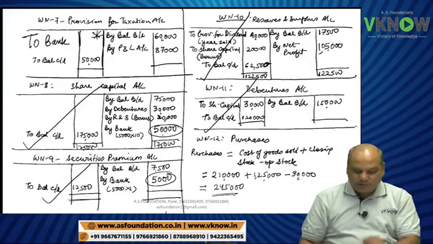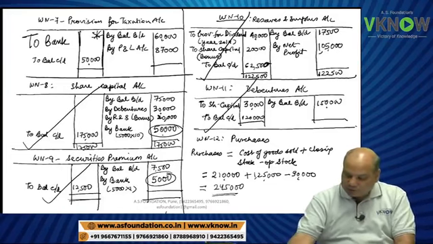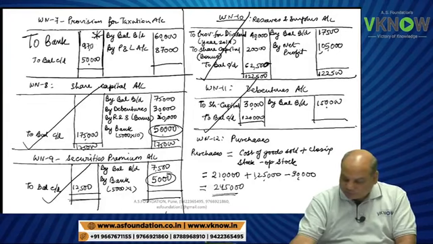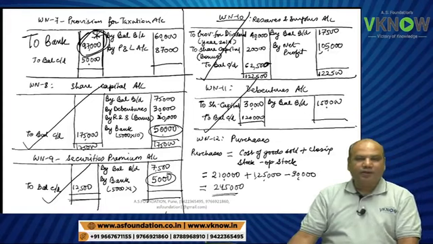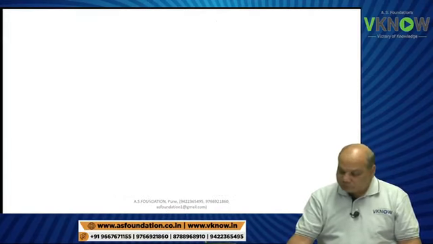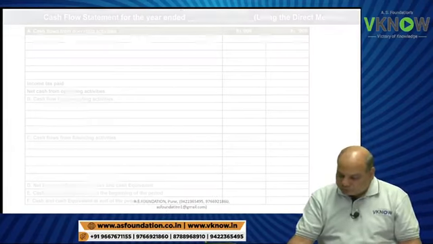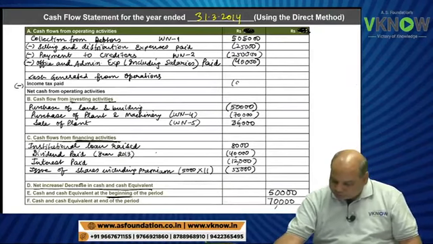How much is the taxes paid? Check the balance. 97,000. Tax paid is 97,000. So we will go to income tax paid, 97,000.